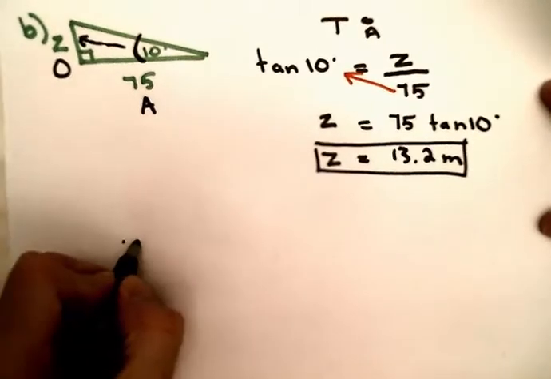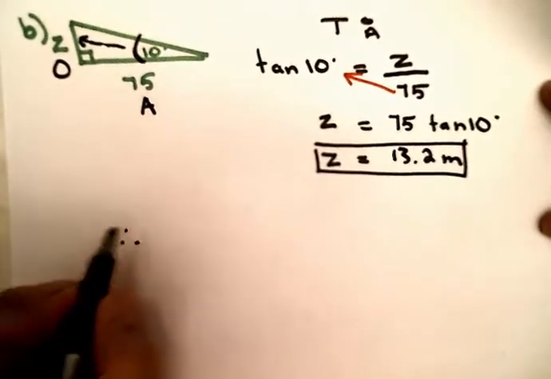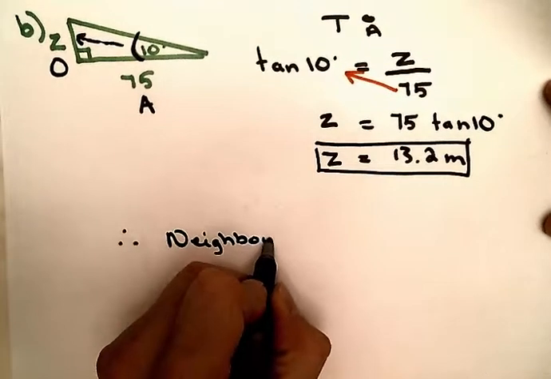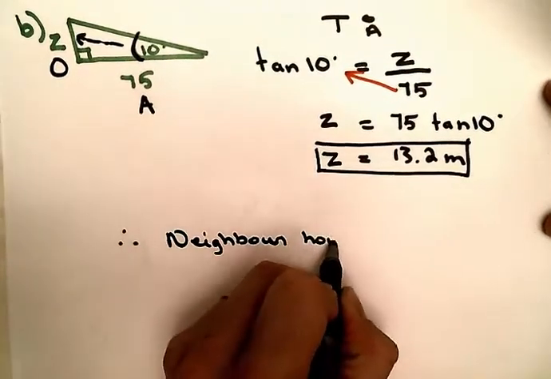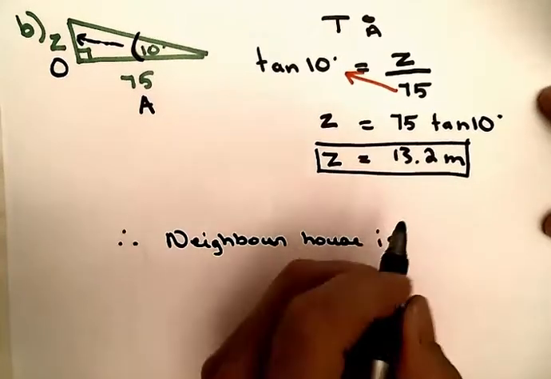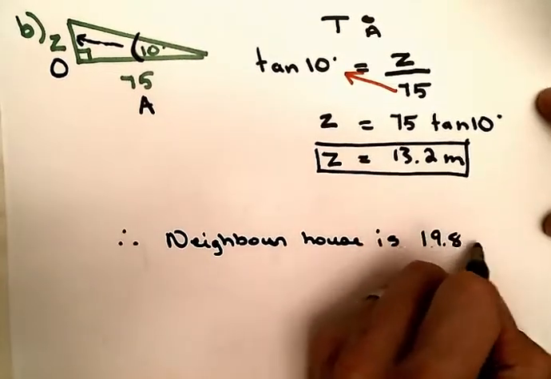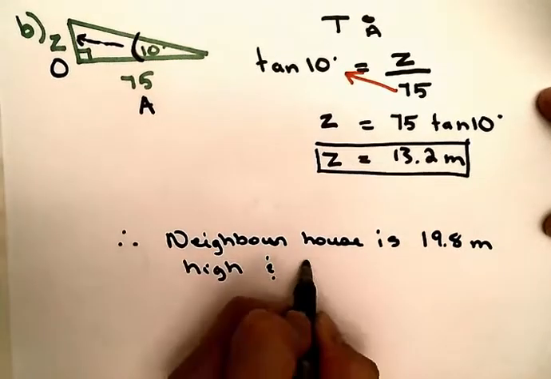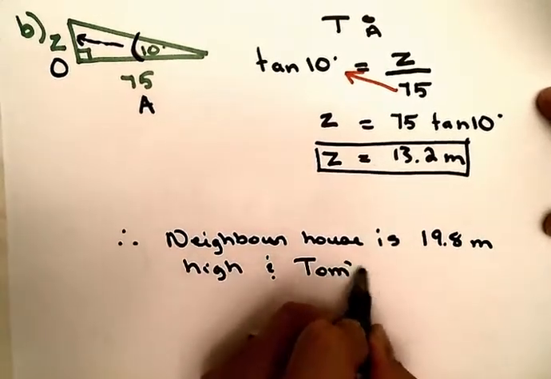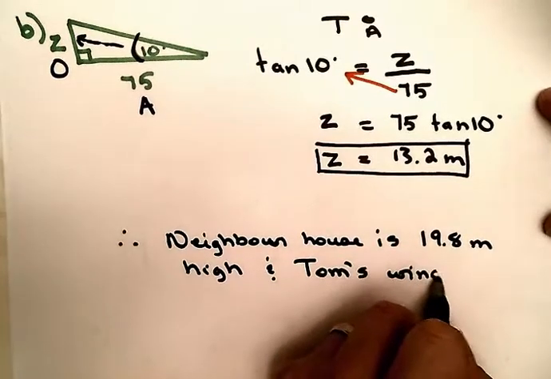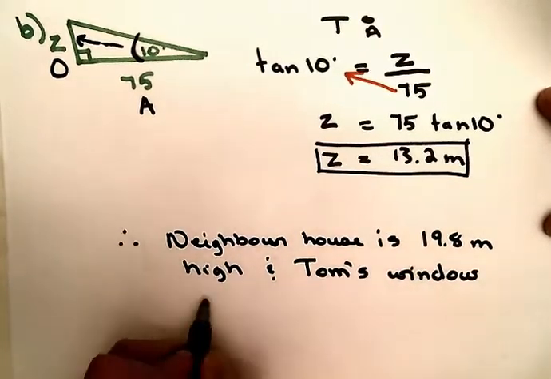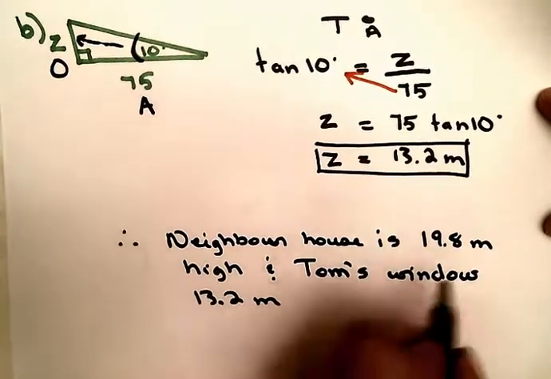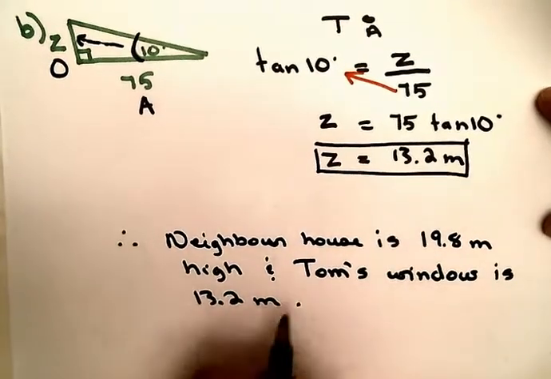So the neighbor house is 19.8 meters high, and Tom's window, which is 13.2 meters, did work out to be less than the house height, which we're happy to see.